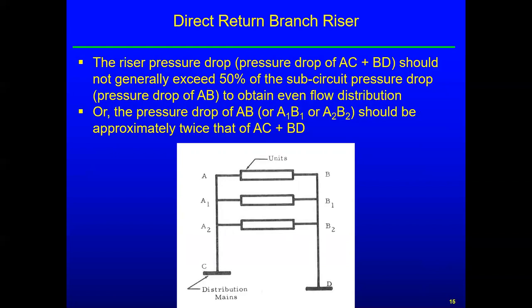Or another way to say it is that the pressure drop of AB or A1B1 or A2B2 should be approximately twice that of AC plus BD. So it's saying the same thing from the other direction.